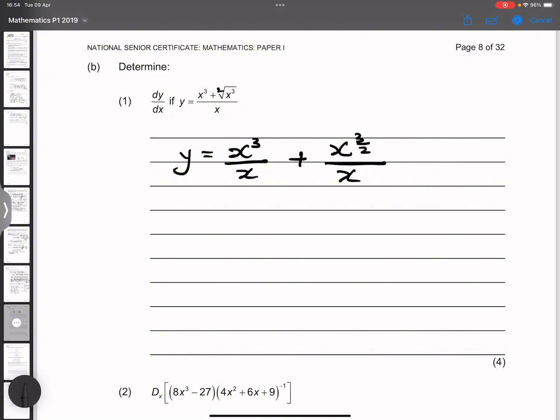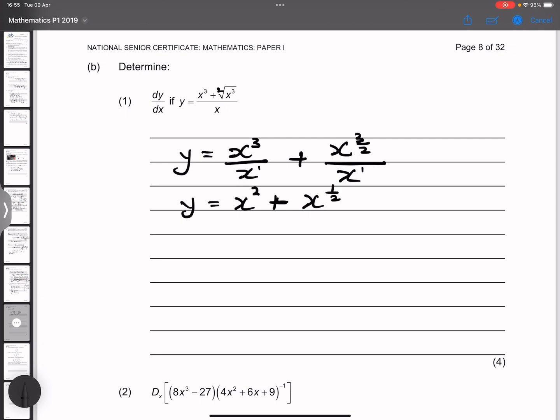So y is equal to, using the law of exponents, 3 minus 1, so we've got x squared there, plus x to the power 3 over 2 minus 1, which gives us 1 over 2.